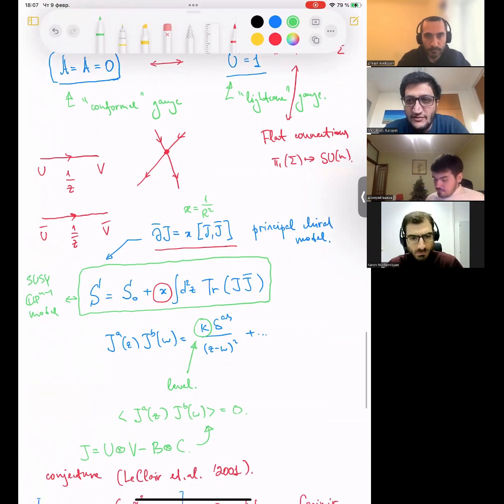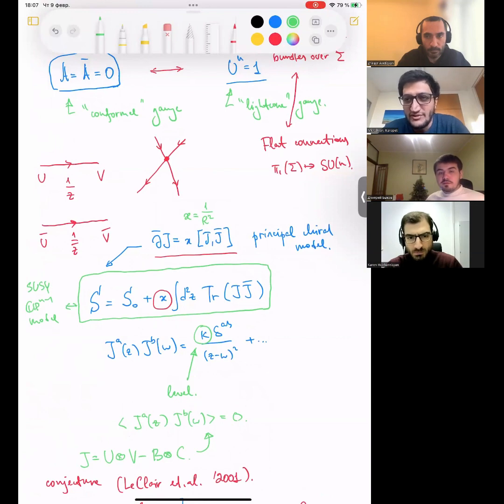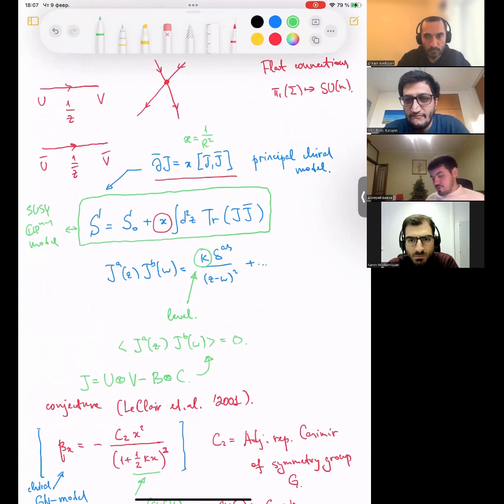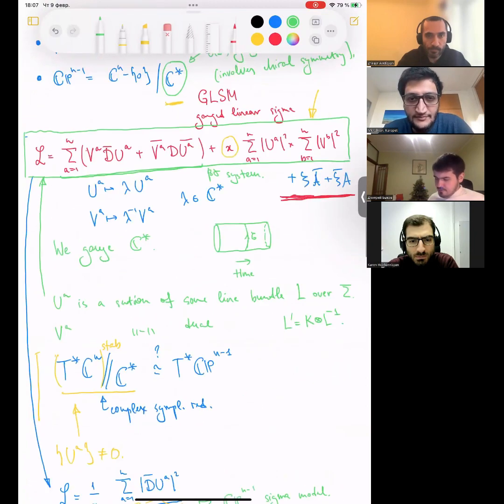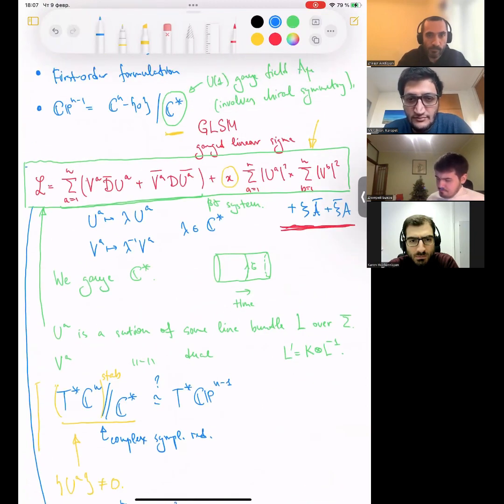Flat target space would correspond to chiral currents. Well, flat target space maybe is not a good example, but the free beta gamma system corresponds to holomorphic currents. So you have to define what the beta gamma system is. It's like the free fermion, this piece is a beta gamma system.